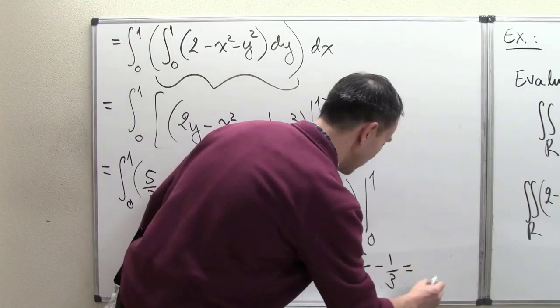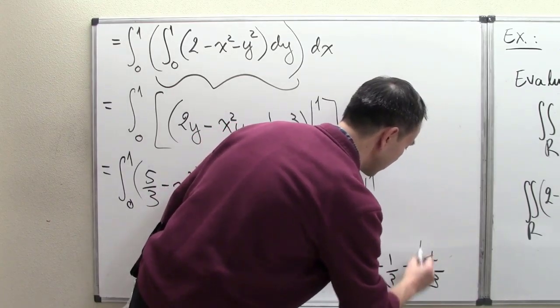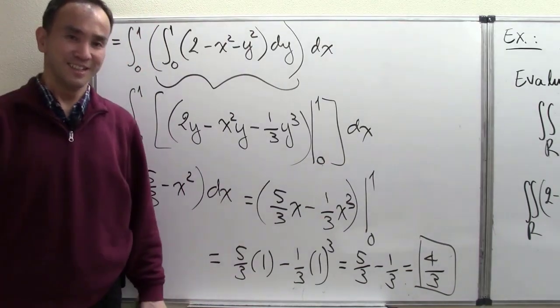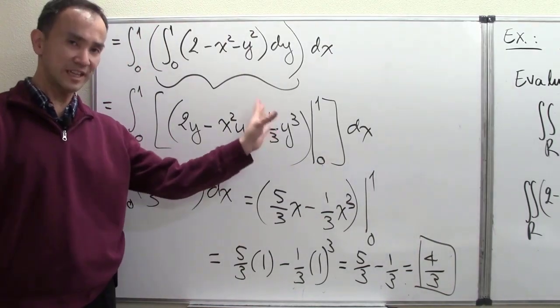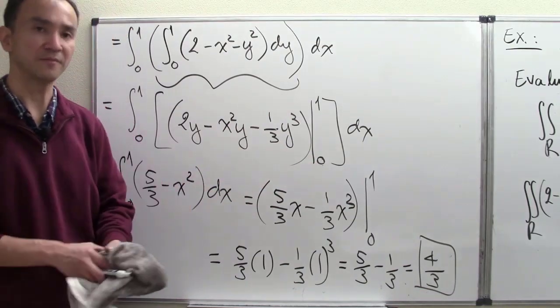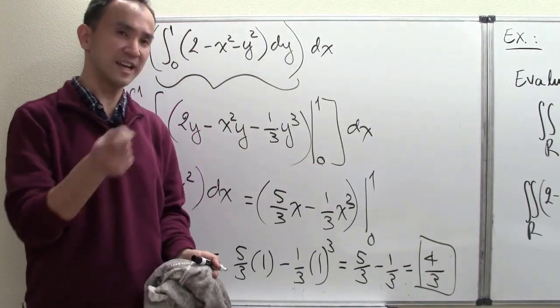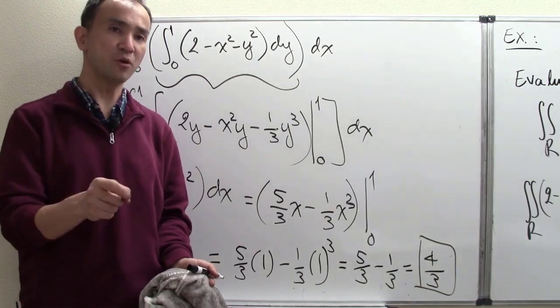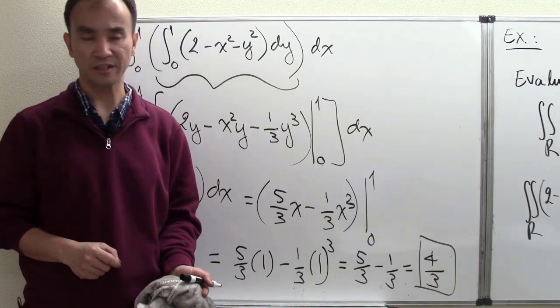That's making it altogether 4/3 again. And it should equal the earlier results that we've done. All right, and so this example emphasizes and reinforces our understanding of Fubini's theorem. And that is, and will always be, the way we calculate a double integral over a rectangular region.